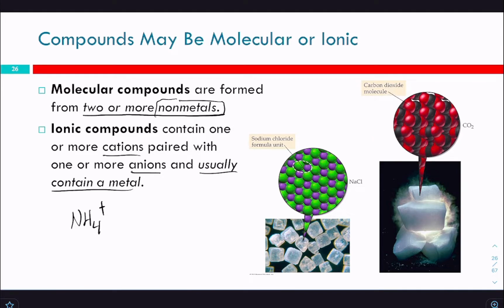In an ionic compound, it's more of a lattice or like a matrix of alternating sodium and chlorine, or alternating ions in ionic compounds. So we talk about those as the simplest unit and the simplest ratio of those ions. In this case, sodium and chlorine, when in reality it exists as a big crystal of sodium and chlorine.